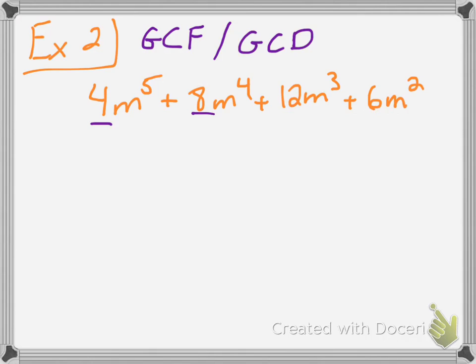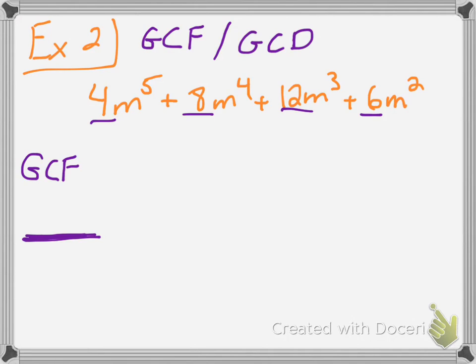So we've got to find that number that divides all 4 of these numbers here, the coefficients in this expression. My GCF is what I'm going to find, and I'm going to write it right here. It's part of its own answer.